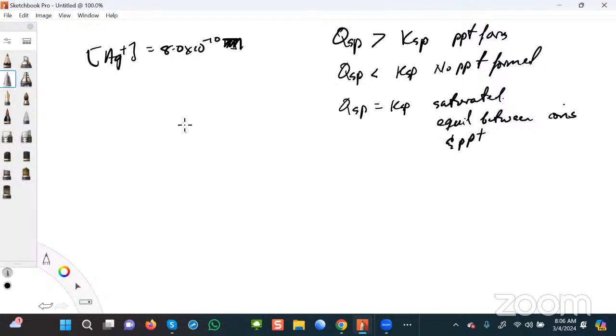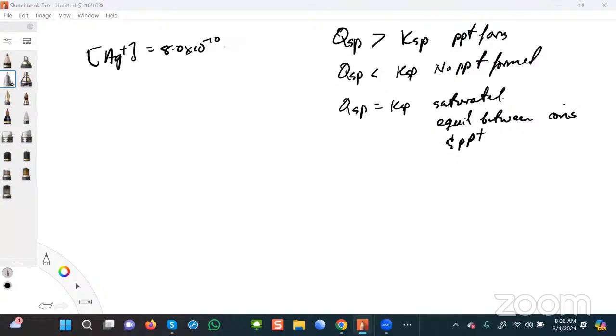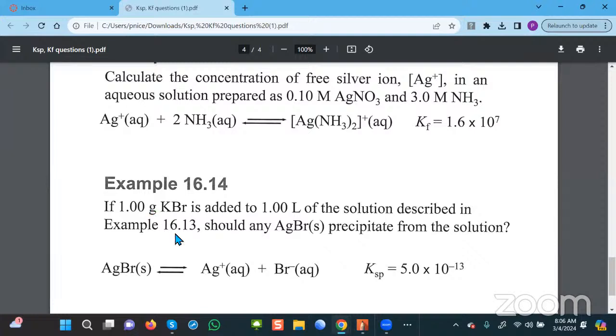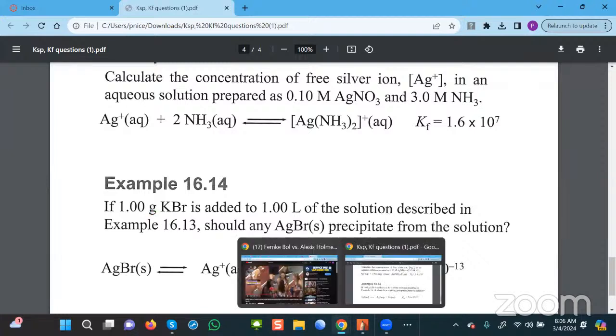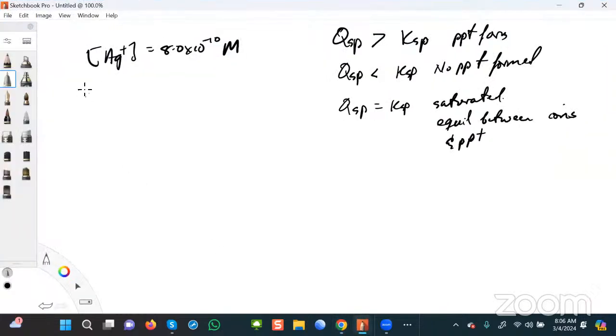So with that said, we already know what the concentration of silver ions is. We are given in this question that the mass of KBr is equal to 1.00 grams.